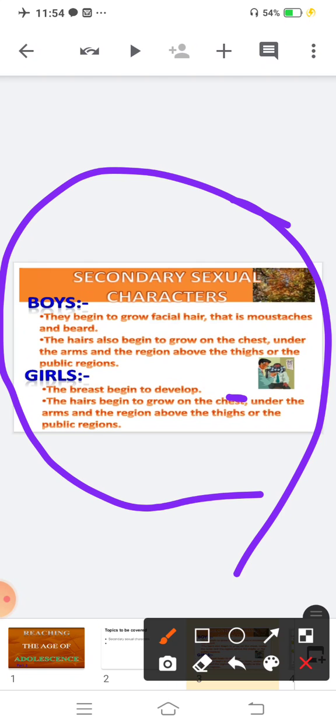Their body develops curves. These are the changes that come under the puberty age. Is this clear?